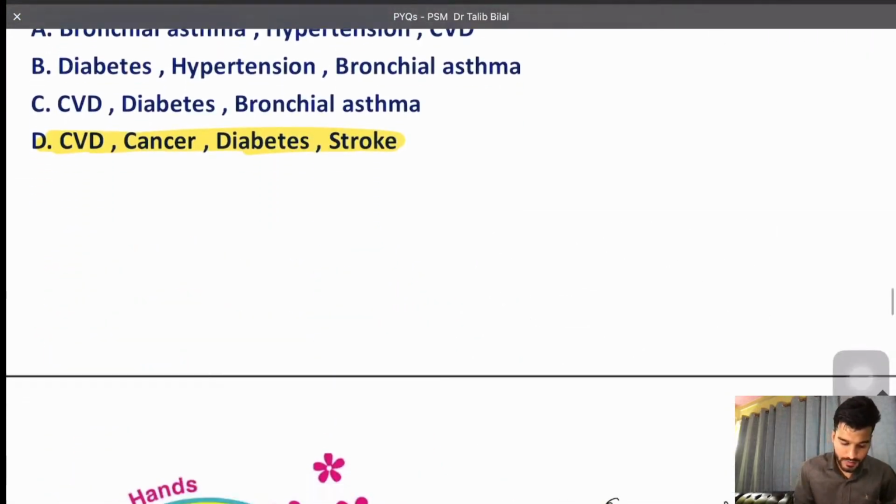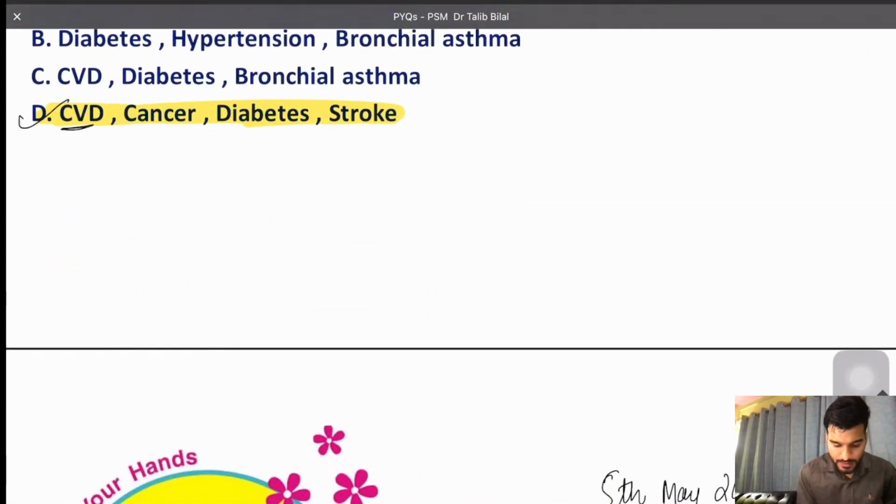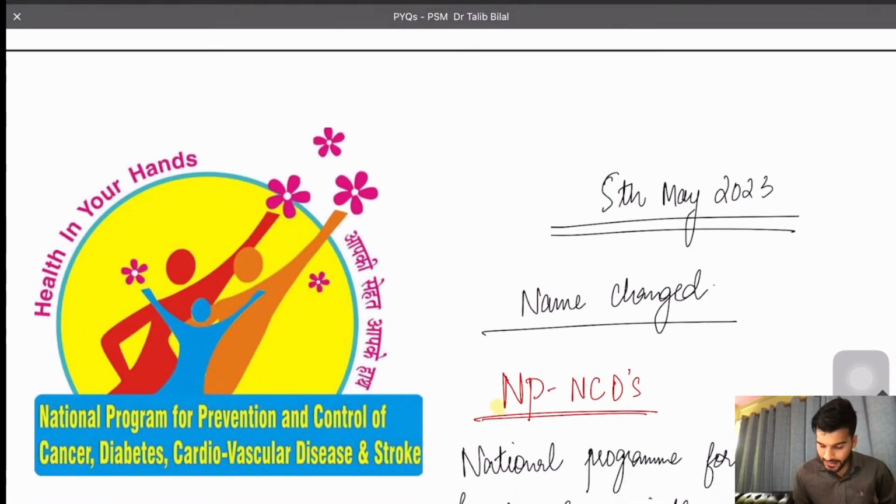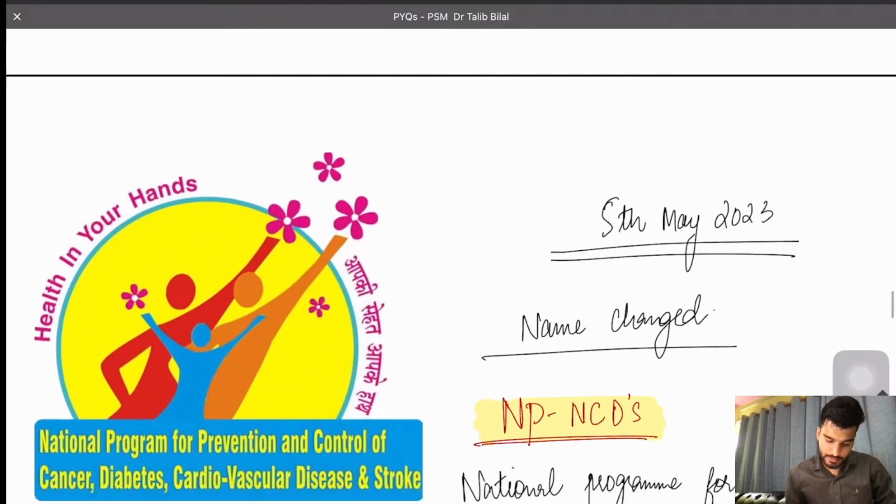So what is the answer for this, guys? D, cardiovascular disease, cancer, diabetes, and stroke. But remember the new name as well, guys: NPNCDS, National Program for Prevention of Non-Communicable Diseases.